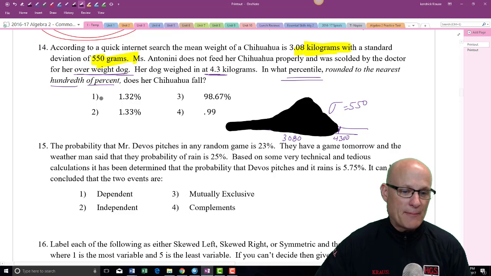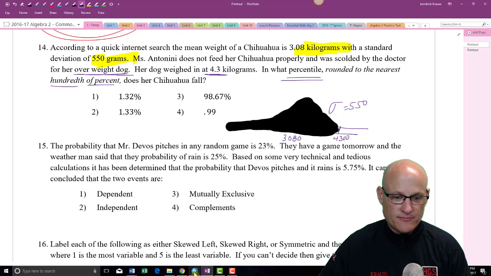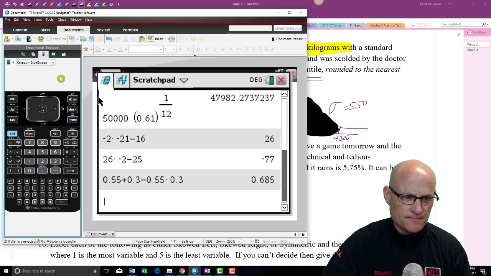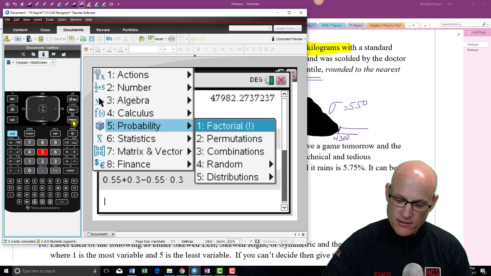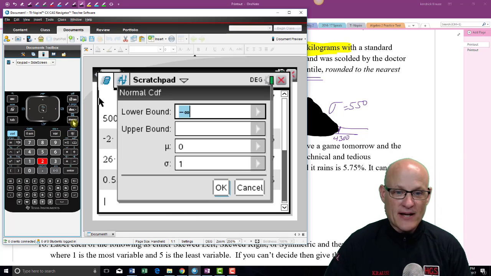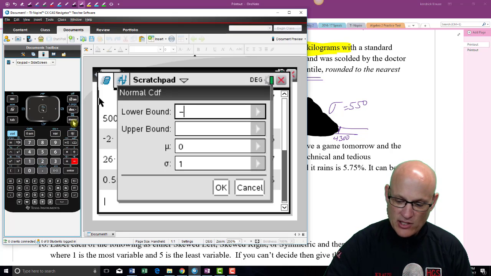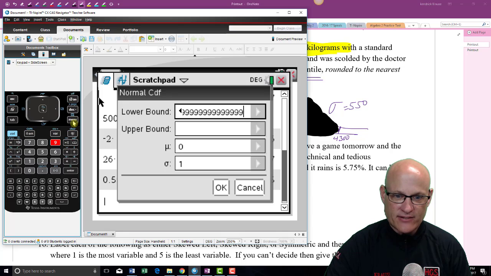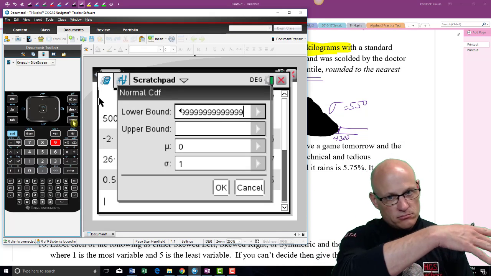So what we're going to do is pop over to our calculator, use a little normal CDF. So menu 552. Now your calculator probably doesn't come up with a negative infinity. It probably looks like negative 9e to the 99999. If it doesn't, you can just put a whole bunch of negative 9s in there. That's like saying negative forever.